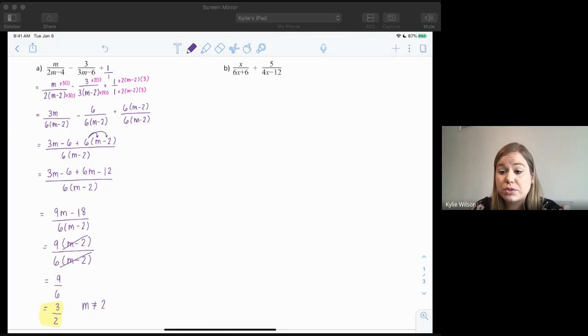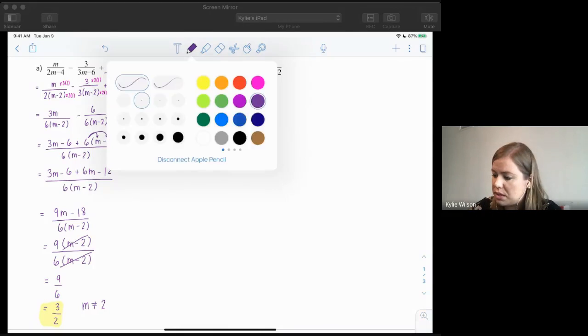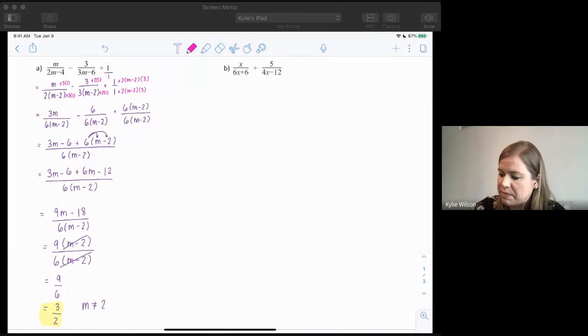Do we find restrictions with 2m minus 4 and 3m minus 6? You can. You'll end up with the same thing, that it can't be 2. So if I go through, this is a really good question actually that I really want to address. So if I have 2m minus 4 and I want to see when that can be 0, just so everybody can see it, because that's actually a really good question.